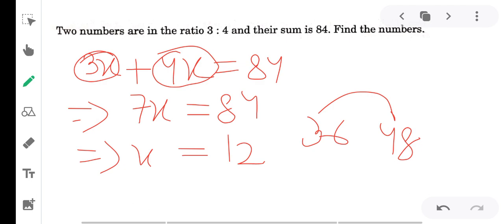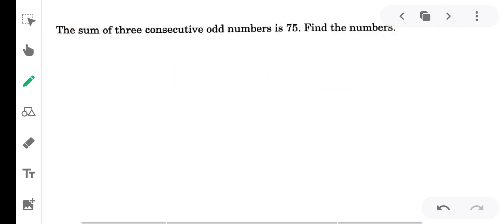Next question: the sum of 3 consecutive odd numbers is 75. Find the numbers. So if one odd number is x, you have to write down 3 consecutive numbers. The next odd number will be x plus 2, and another number will be x minus 2.